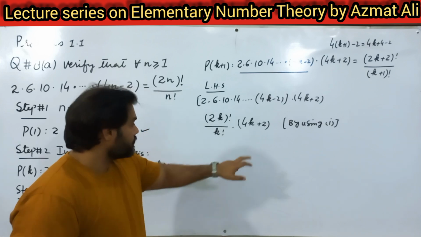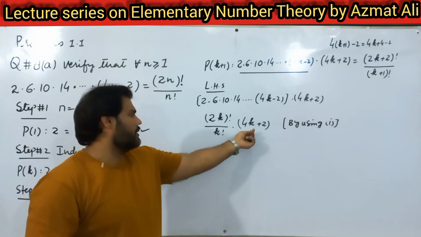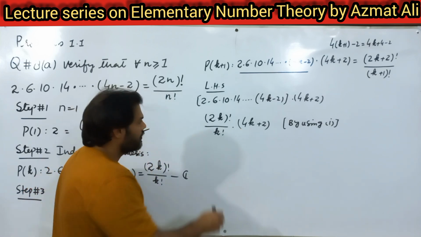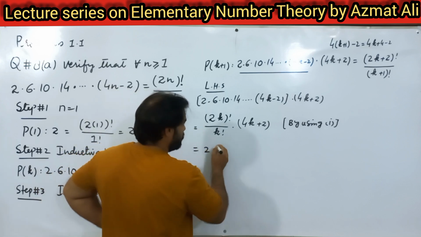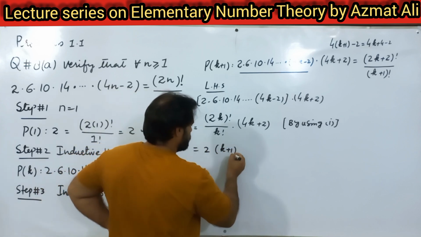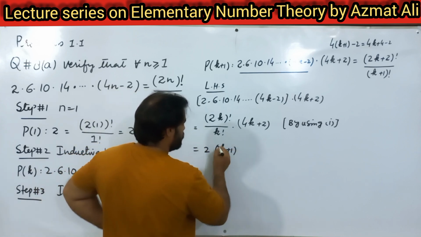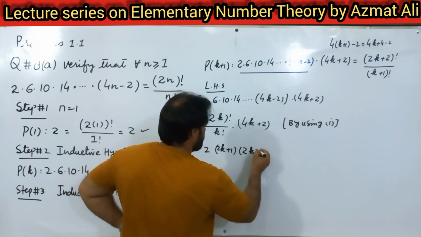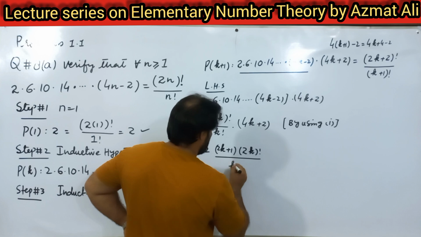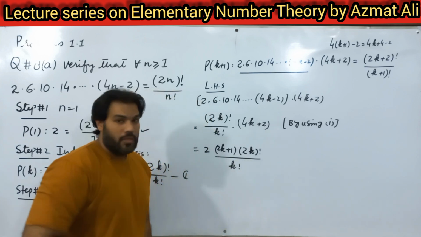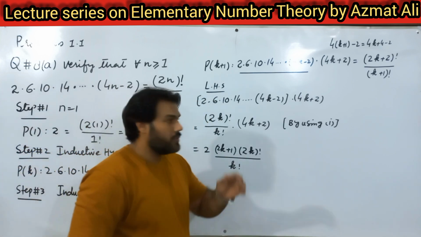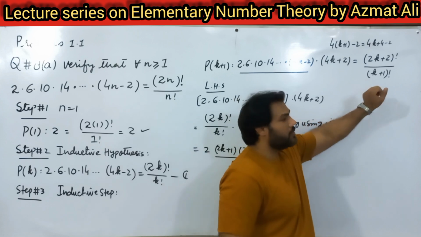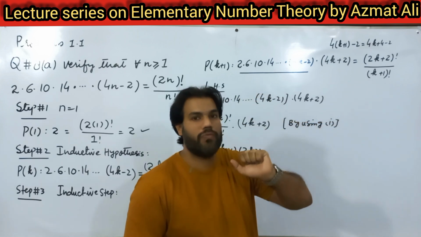Next, we take common 2 from this. This becomes 2 into k plus 1, 2 into 2k plus 1 into 2k factorial over k factorial. If we see the right side of this statement, we have to complete the factorial of 2k plus 2.